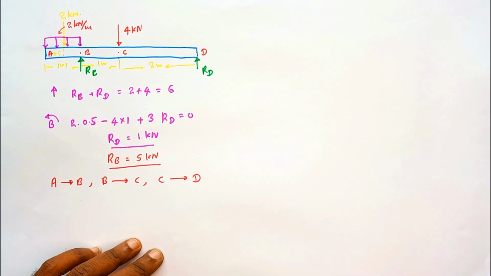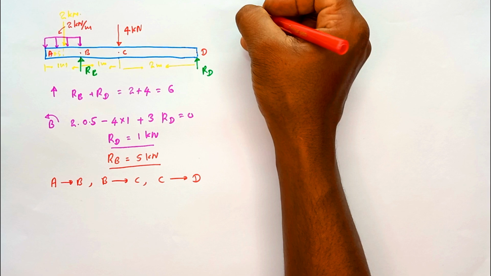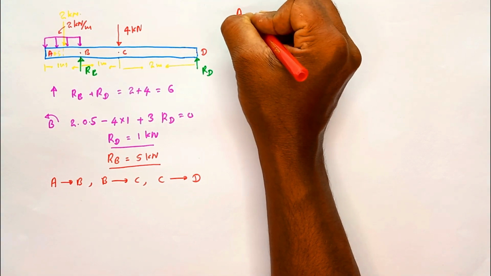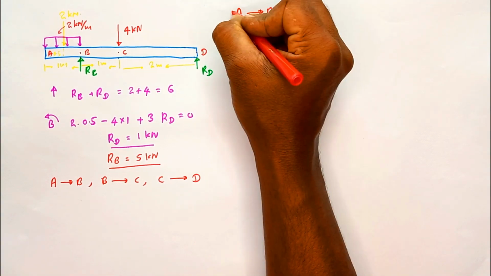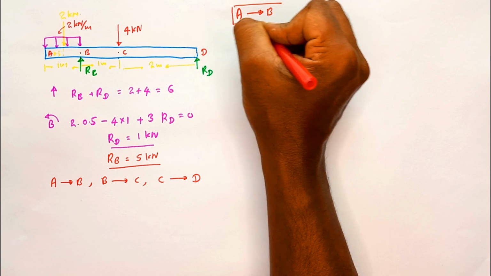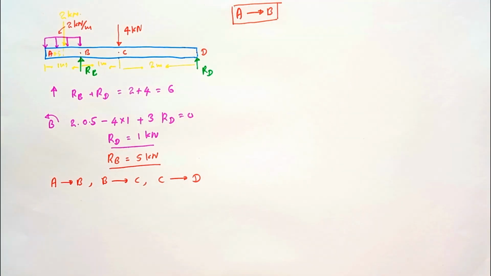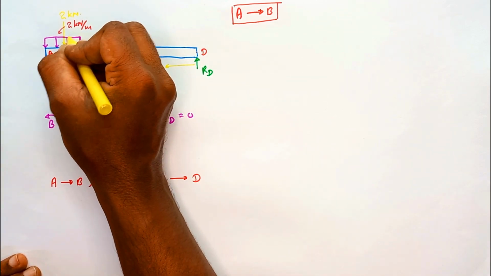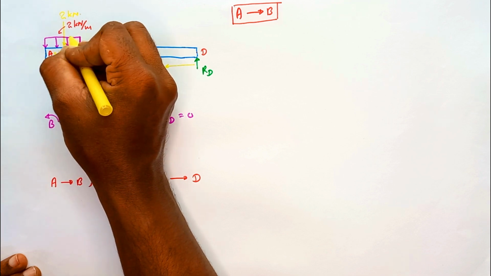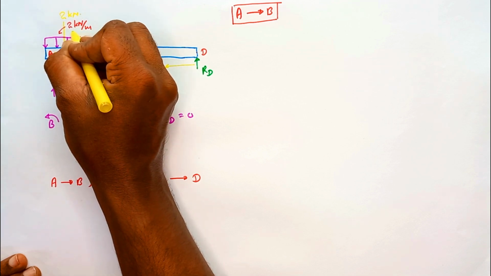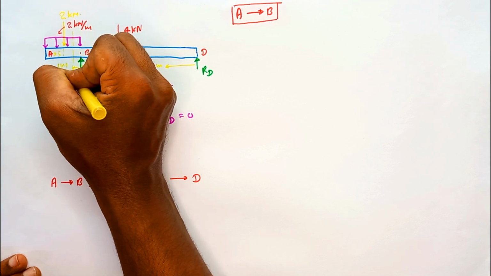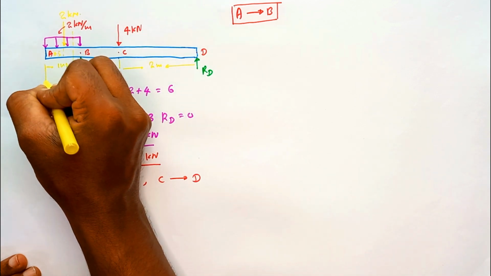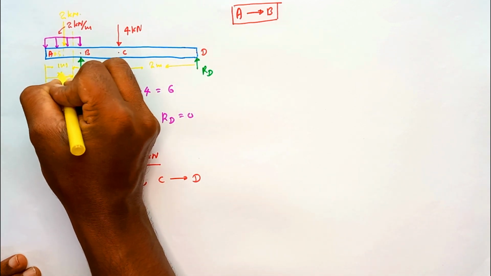First I am going to consider the A to B region. Let's consider the A to B region. To obtain the equations for the A to B region, you have to introduce an imaginary cut in between A and B. So I'm going to introduce the imaginary cut at x distance from the left hand side end A, somewhere in here, x distance.